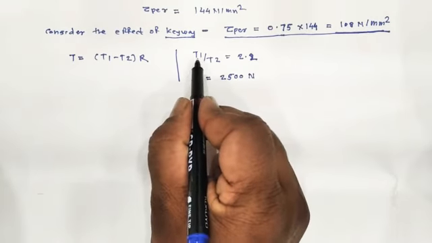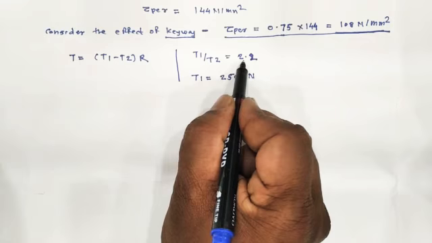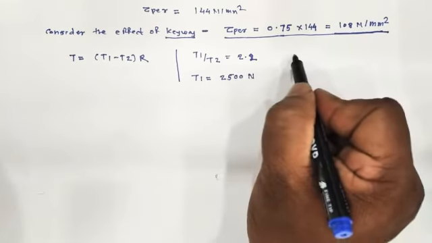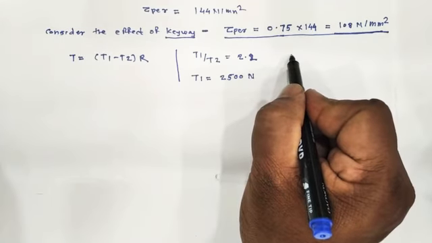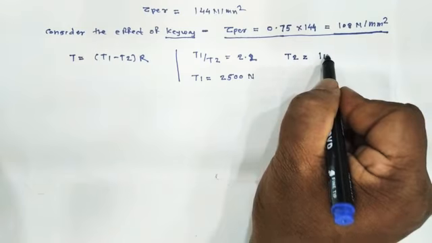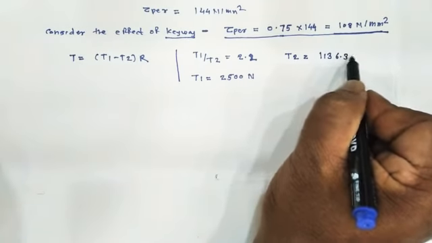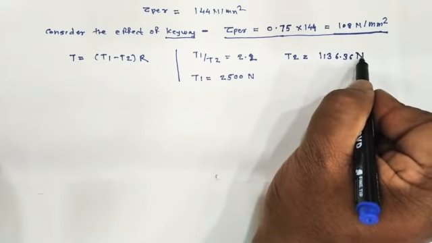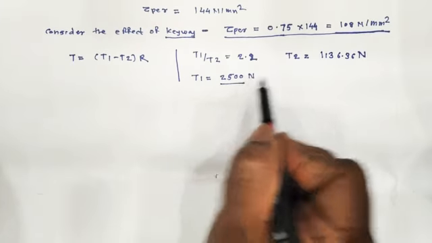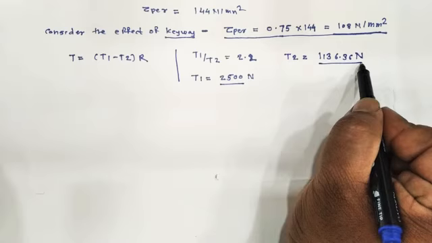So if T1 is known and the ratio of belt tension is there, therefore we substitute the value of T1 in this equation and T2 can be calculated. So here T2 is equal to 1136.36 Newton.